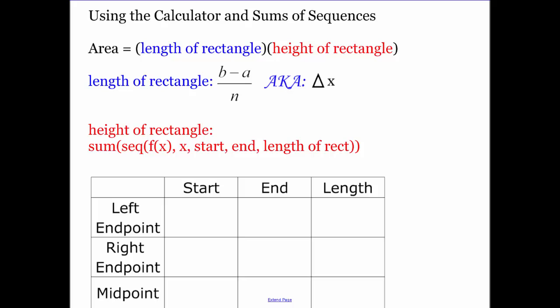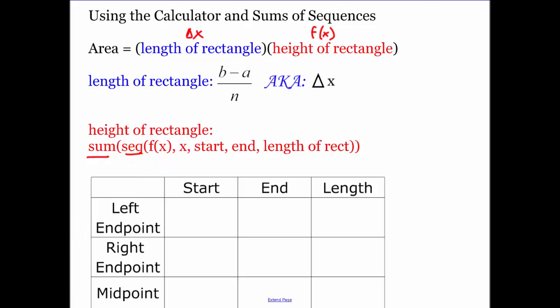Okay, so remember, area was the length times the height, where our height a lot of times was a function value, and the length we called delta x. And we found delta x by doing b minus a. The height of each one of the rectangles is really a sum of a sequence.